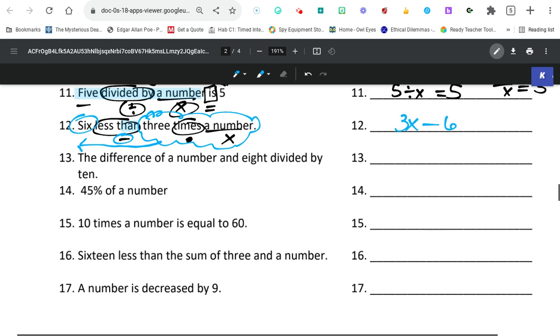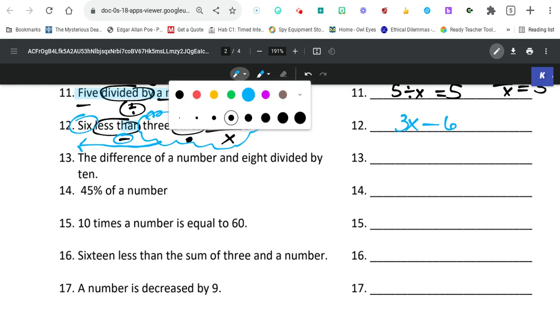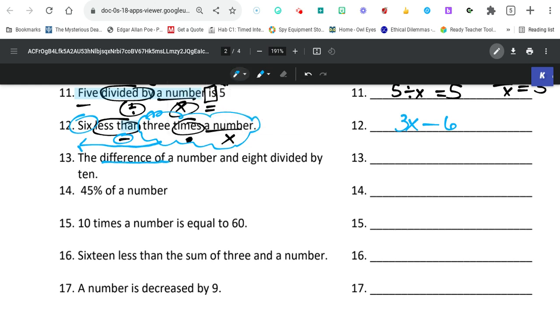All right, let's take a look at number 13: the difference of a number and 8, divided by 10. Difference means I'm going to subtract. I have X. So it's the difference of, I'm going to subtract what? X and 8. Divided by means divided by, and then 10.